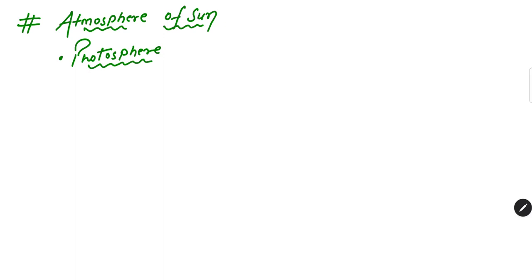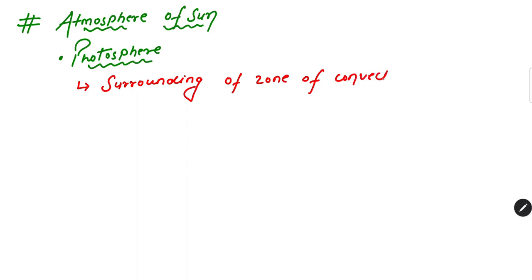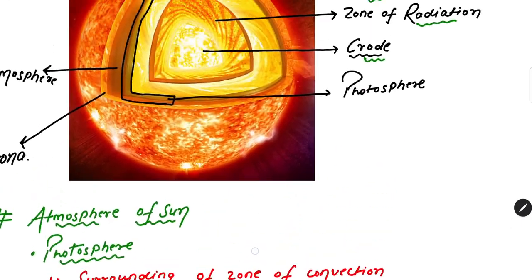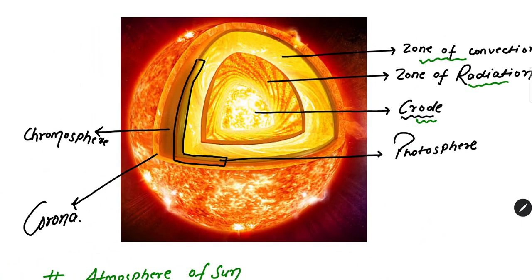The first point that we are going to discuss is that it surrounds the zone of convection. Let me write it first: it surrounds the zone of convection, as we discussed in the previous class also, the layer that is available around that. Can you see this in this figure?